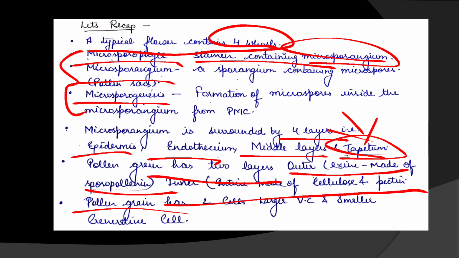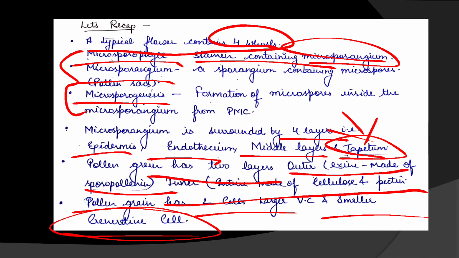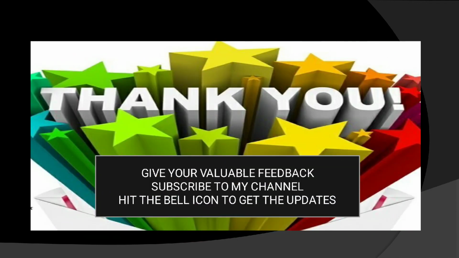Then when pollen grains are shed, the pollen grain has two cells. The larger is the vegetative cell and the smaller one is the generative cell. The generative cell floats in the cytoplasm of the vegetative cell. Generally, the pollens are shed at the two cell stage. In some cases, they are shed at the three cell stage. So this is all for today.